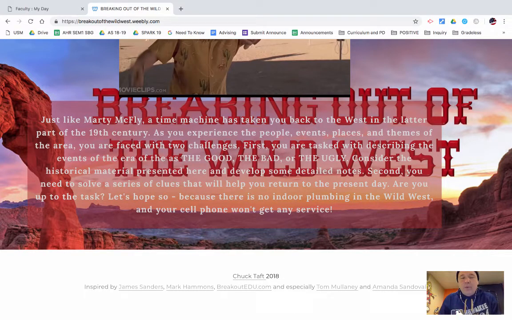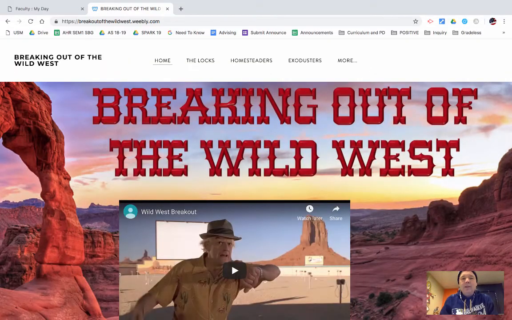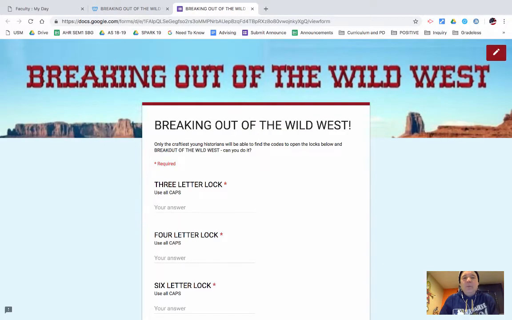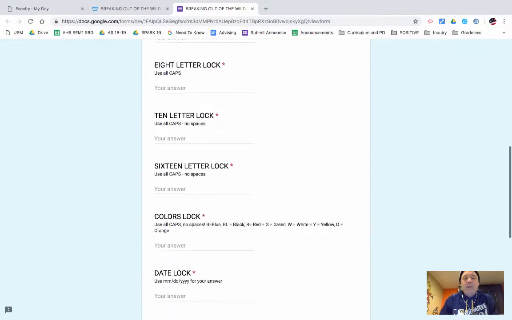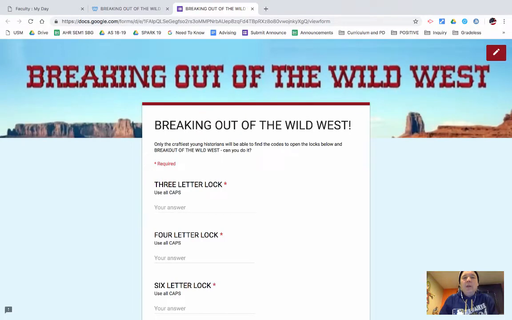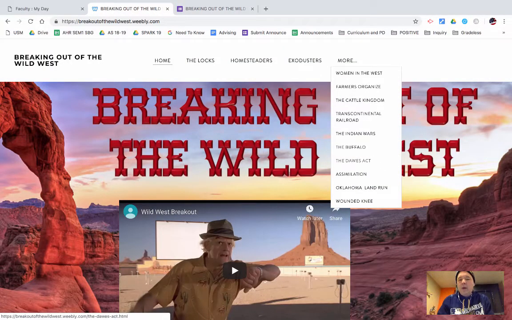Now, the other thing you have to do is you have to get back to the present day, because there are a series of locks right here. There are 12 locks that are stopping you from getting back to the present day. These 12 locks each correspond to one of the 12 topics that you're going to learn about.